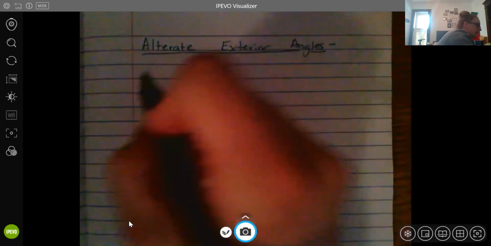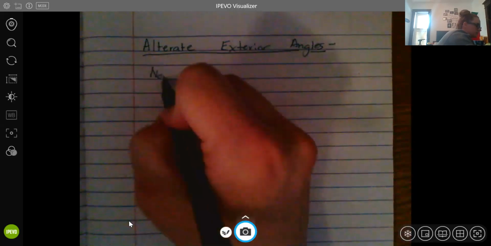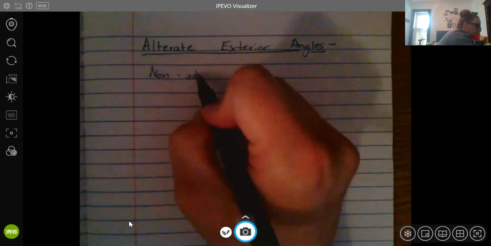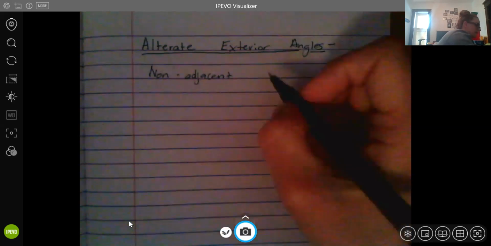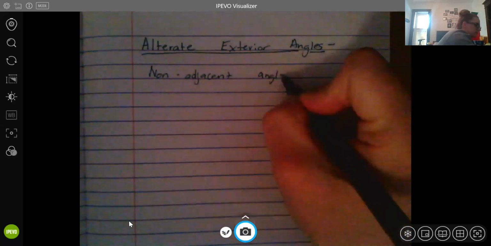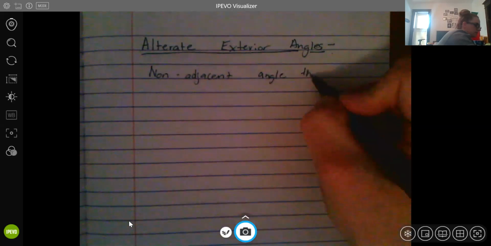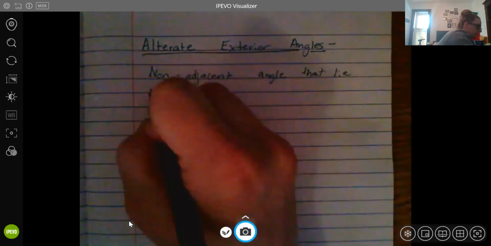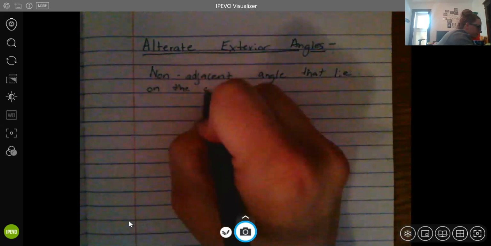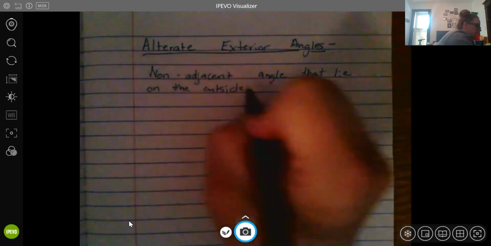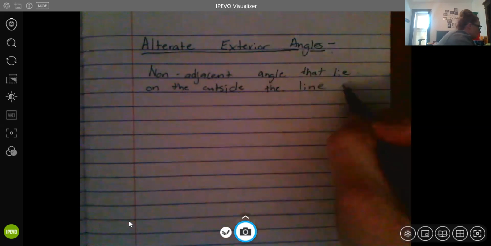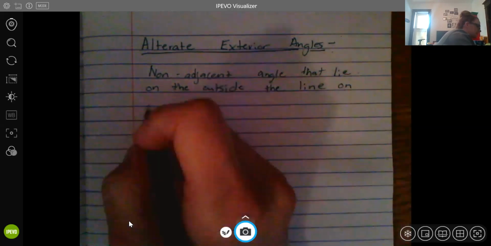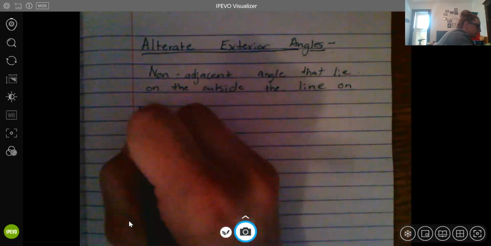So these are non-adjacent angles that lie on the outside of the lines and on opposite sides of the transversal.